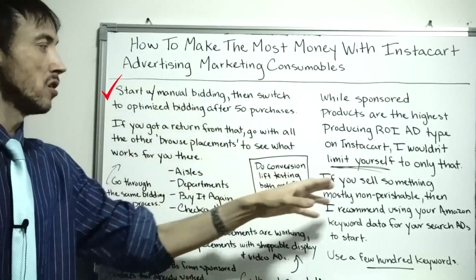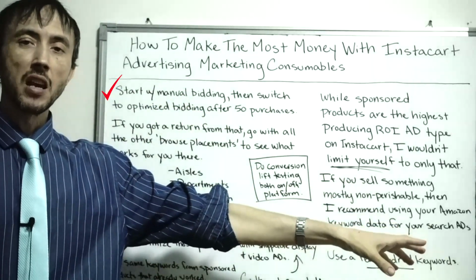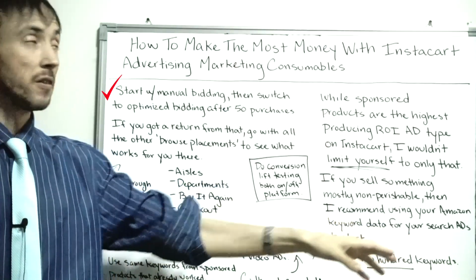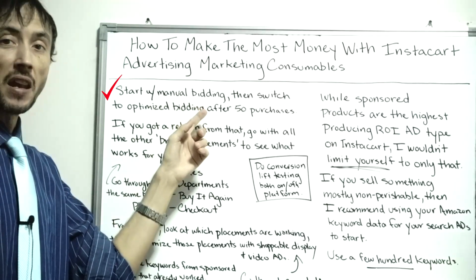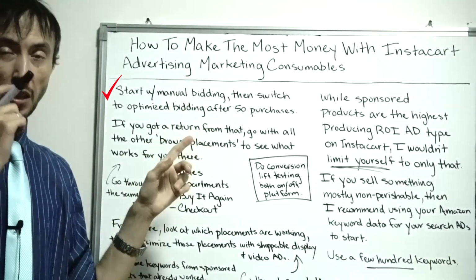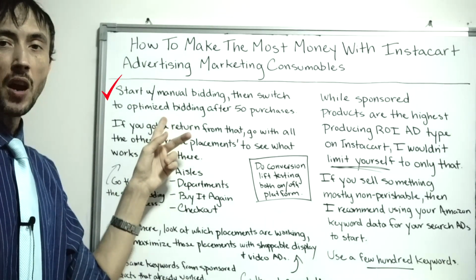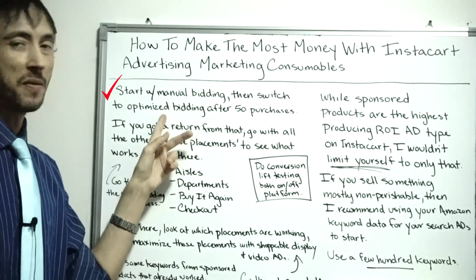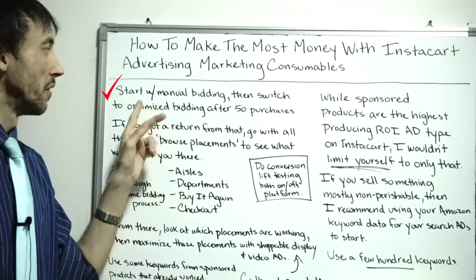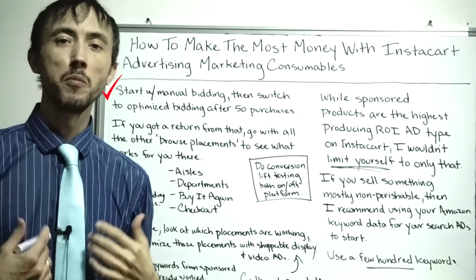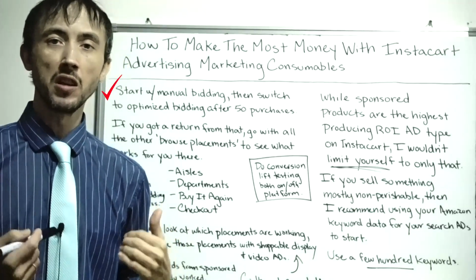So what I recommend you do, once you get all your keyword data from Amazon, you set up your sponsored product campaign on Instacart, start out with manual bidding for the few hundred keywords that you want to target. Sell at least 50 products, really 50 to 100. Then switch to optimized bidding, because the algorithm is going to be able to get you more sales than you could get on your own.